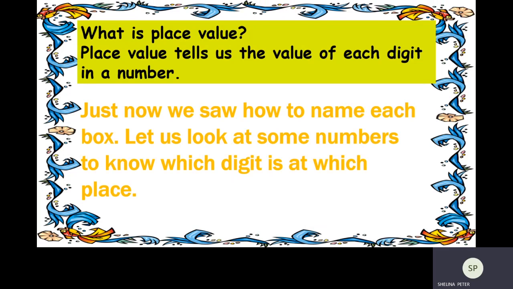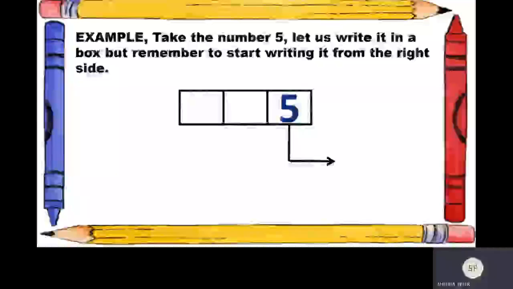Now, what is place value? Place value tells us the value of each digit in a number. Just now we saw how to name each box. Let us look at some numbers to know which digit is at which place. We will again take the same examples.